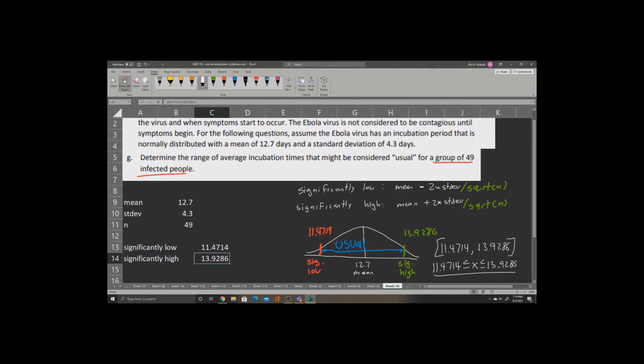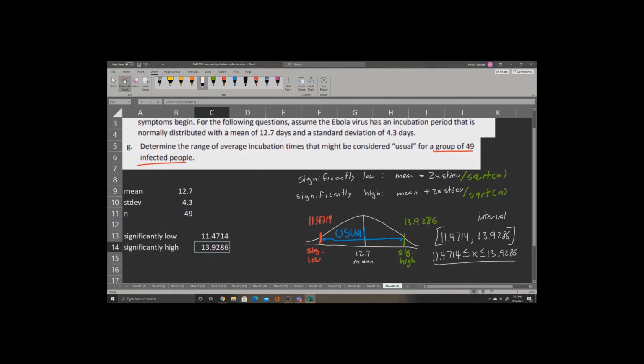So if you see the brackets, that's called interval notation. If you see less than signs with the letter X, that is algebraic. In statistics class, you'll see it written either way, so don't be too surprised if you see these strange symbols sometimes. All this means is that the lower number is the bottom of our usual range, and the number on the right is the top of our usual range.